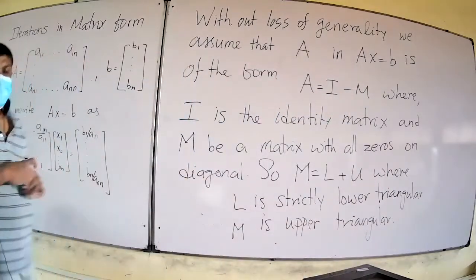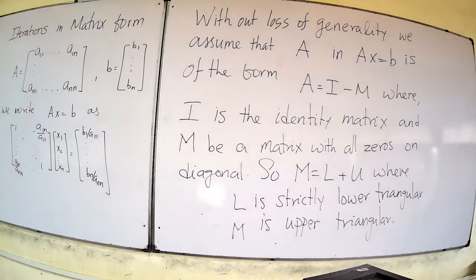You always make sure that you have a non-zero diagonal term, and then you divide by the diagonal term and make ones on the diagonal, and then you take the diagonal part out, which is all ones. You can always do that for any matrix.